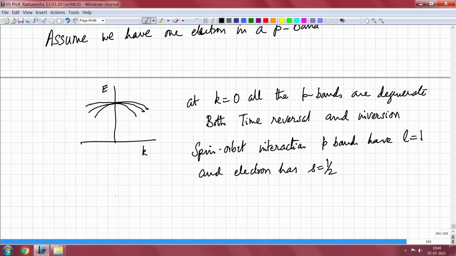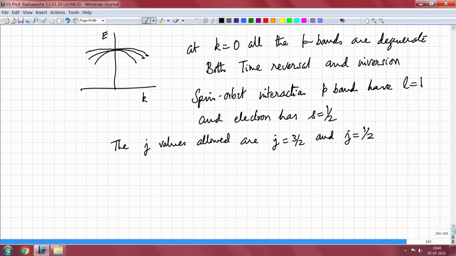So the J values allowed are J equal to 3 by 2 and J equal to half, and the spin orbit splitting breaks the 6-fold degeneracy that I have at k equal to 0.